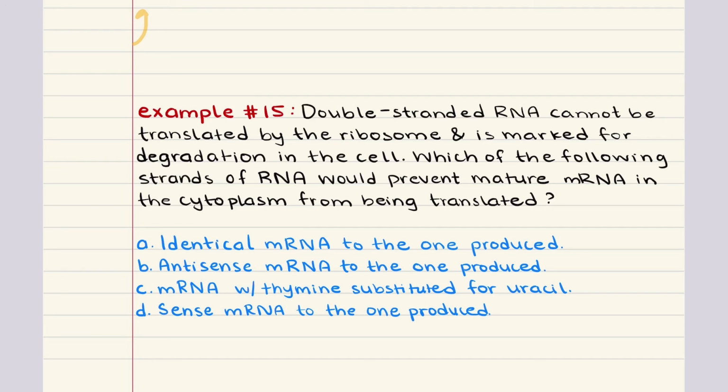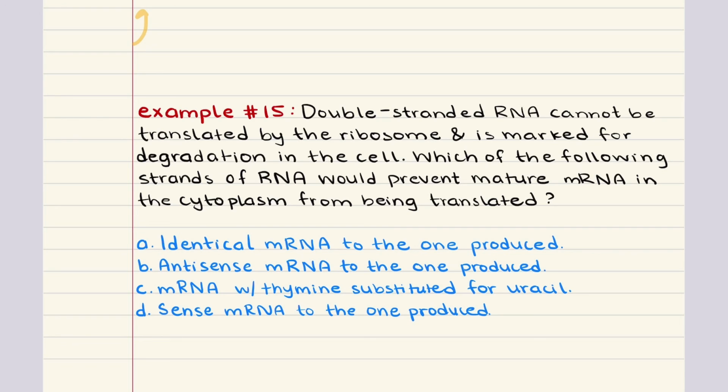So we know that double-stranded RNA can't be translated by ribosomes. In fact, when a double-stranded RNA is detected in the cytoplasm, the cell marks it for degradation because it looks like a viral threat. So the question becomes, which RNA strand could bind to the mature messenger RNA and create a double-stranded structure that would stop translation? The answer is an antisense strand.